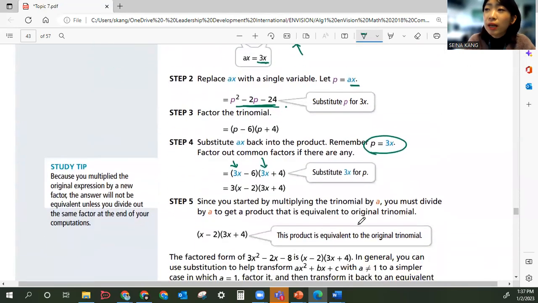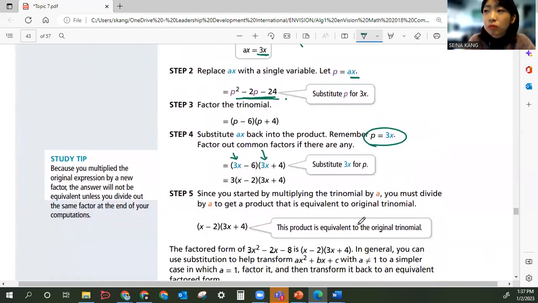Okay, so now, one more question. Why can't we just take out 3 and get rid of this 3? Why can't we do that? Because if you multiply 3 out here, then you don't multiply 3 again to this factor, right?